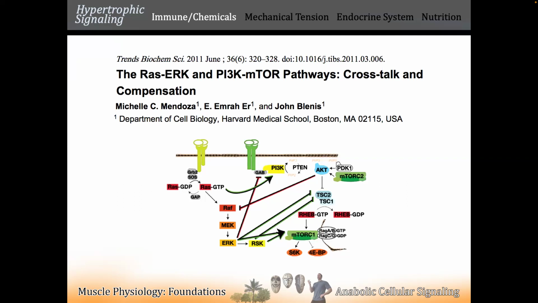And with that, pretty much everything here. I mean, RAG, which you see connected to mTOR, that's amino acid signaling, and we'll talk about that in detail later in a future lecture.